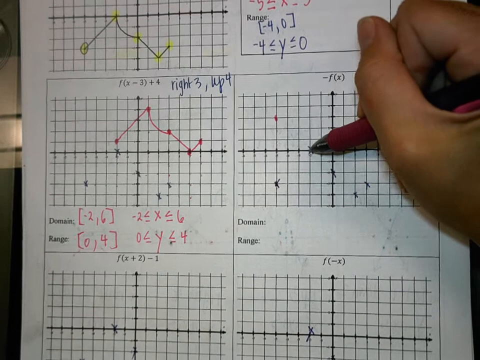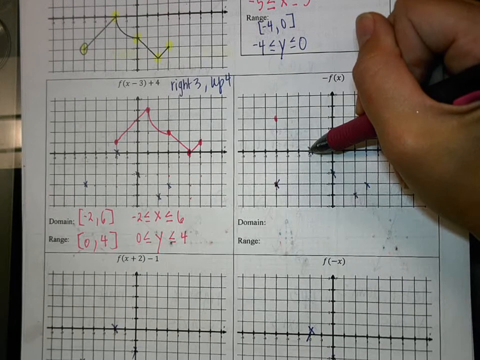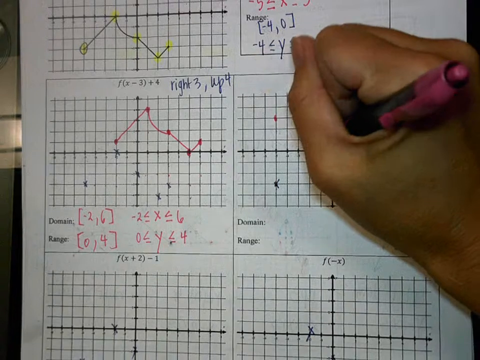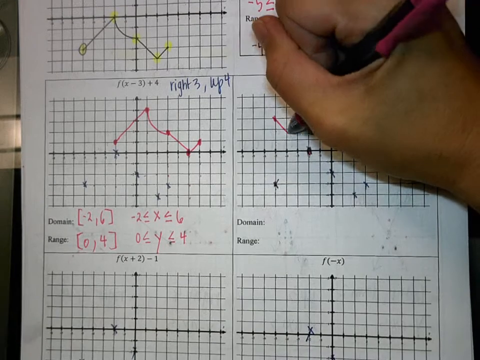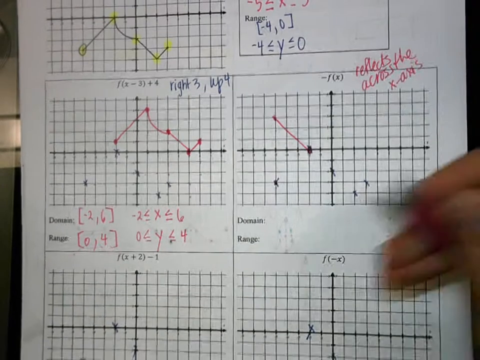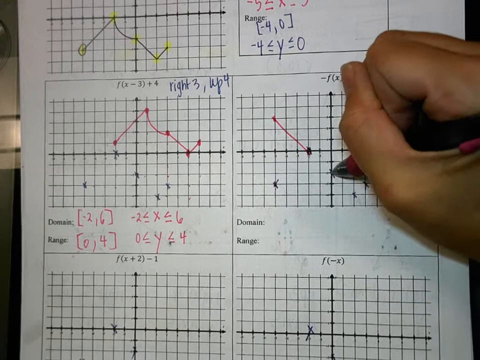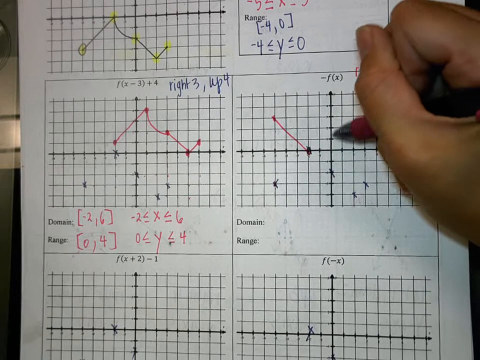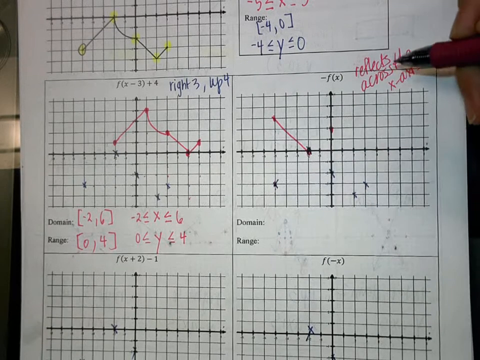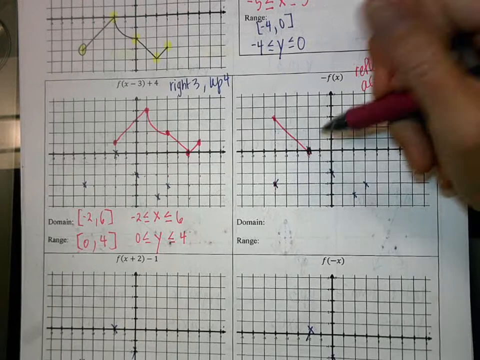This one is on the x-axis, so is it going to reflect? No. So we're going to make our point there, and we are going to draw our line. This one right here, we're going to go above the x-axis, 2. And this one, you have to think about it.